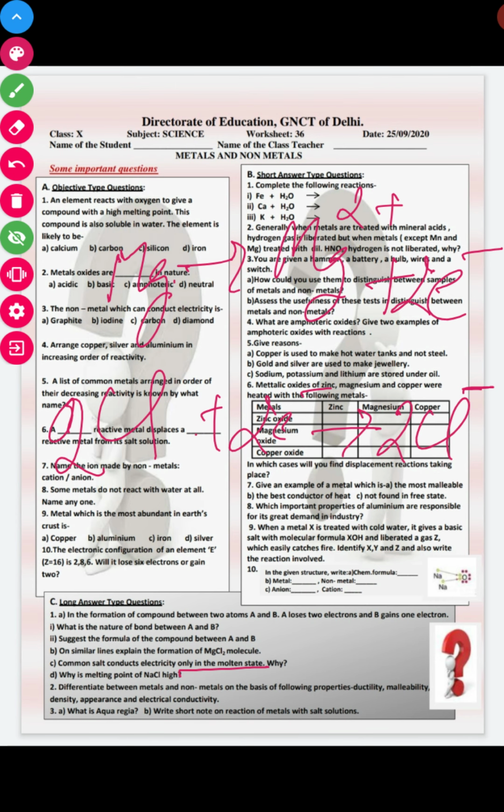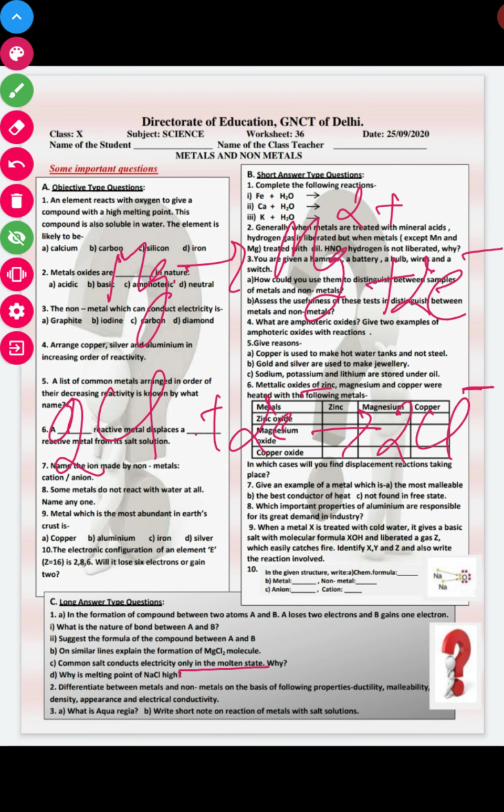Otherwise, in the solid form it is a very compact, rigid, hard structure, with no free ions to move. But in the molten state the bonds break due to the heat, so we have free ions to move and conduct electricity.